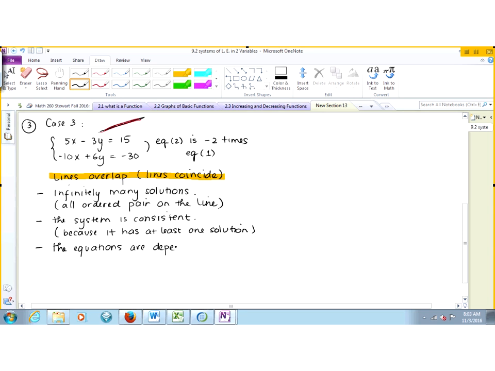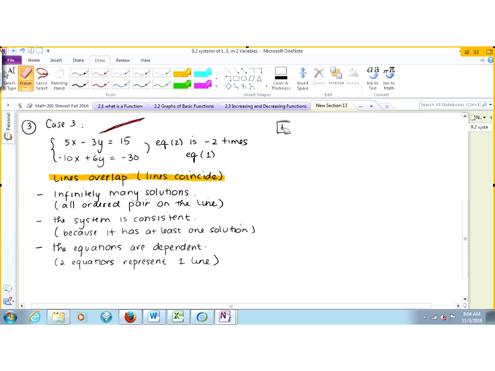Dependent. How many equations do we have? 2. So 2 equations represent one line. So dependent. Okay. So those are the 3. So it is possible that you have one solution, no solution, and infinitely many solutions. Those are possible. So now I'm going to talk about the word problems.